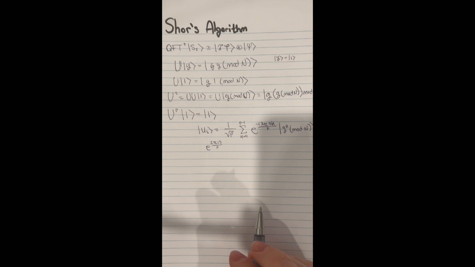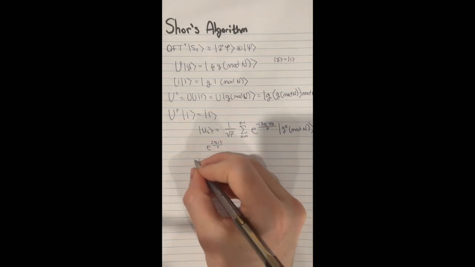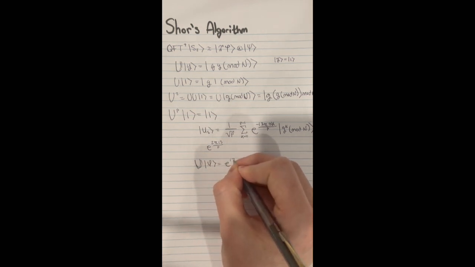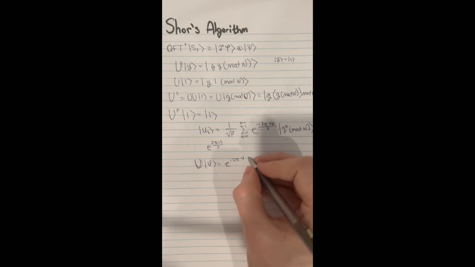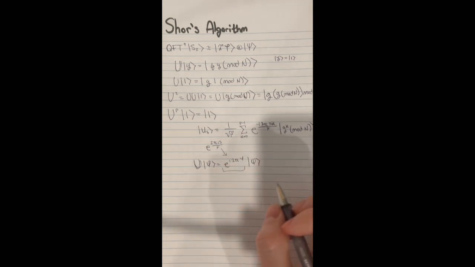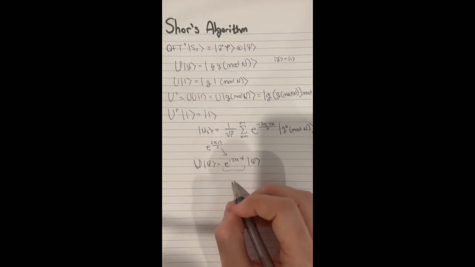What we can see by looking at this form here and looking at what we had seen earlier is that our general form for U acting on an eigenstate is e to the i 2 pi phi on psi. Comparing these two, we can see that here phi is simply going to be s over p.